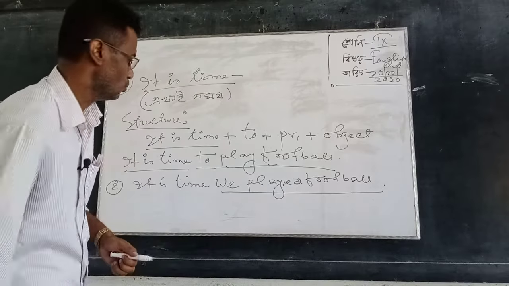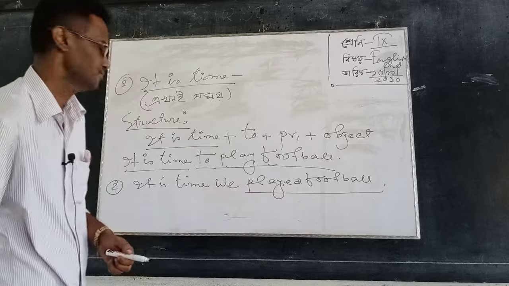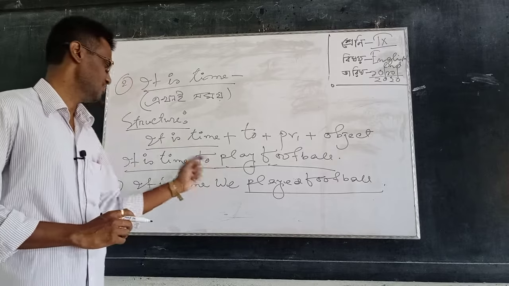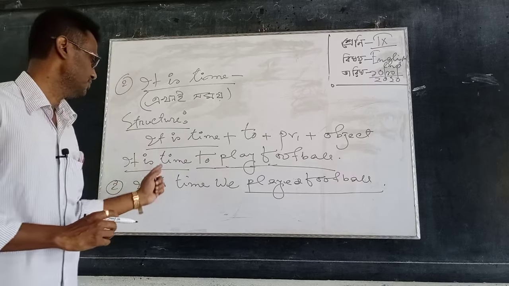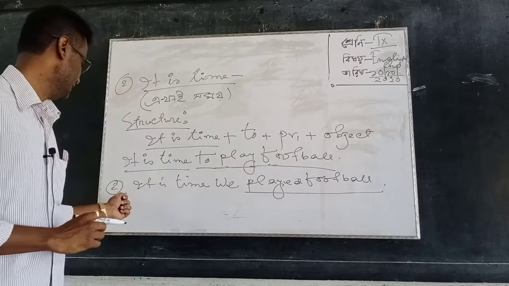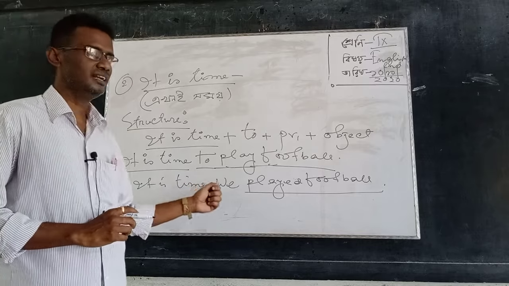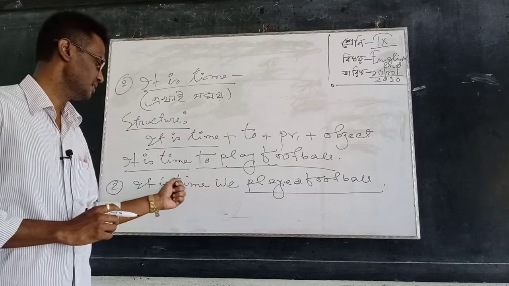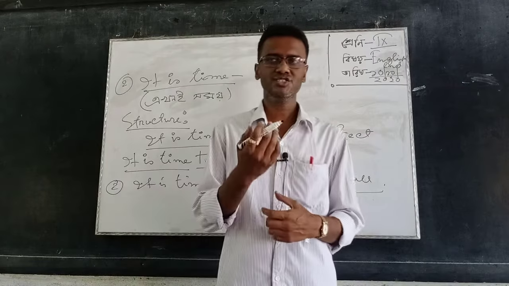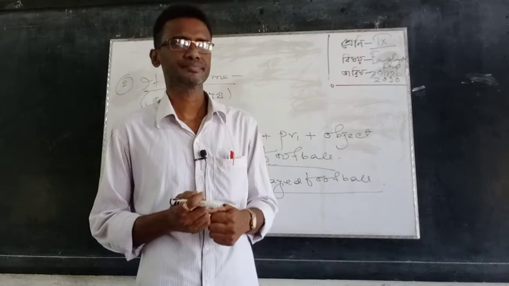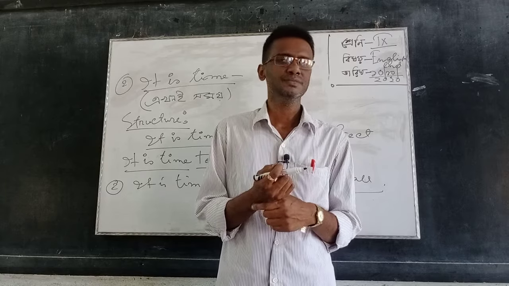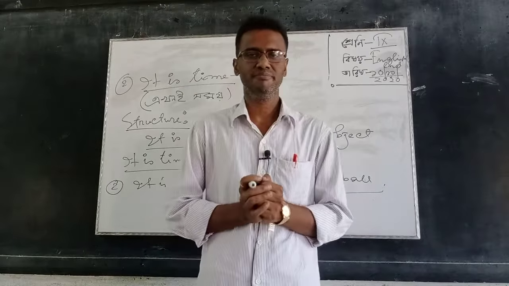What's the difference between the two sentences? It is time, there is no mentioned subject, so we have to complete the incomplete sentence with to plus verb plus object. Next sentence, it is time and a clearly mentioned subject, then we have to complete the incomplete sentence in the past tense.